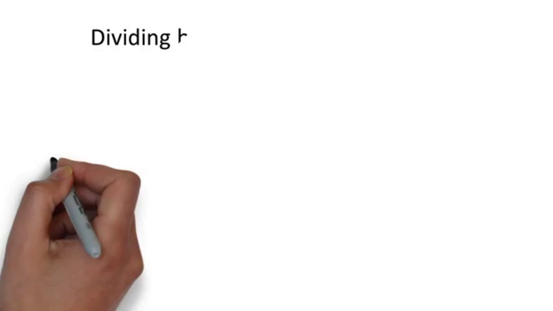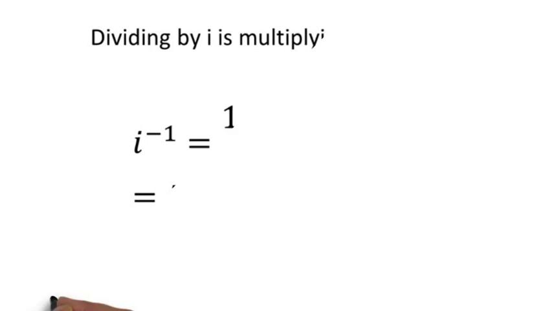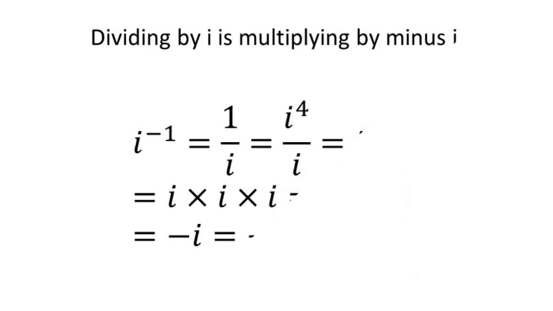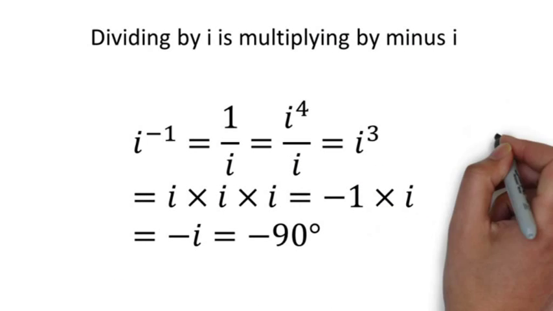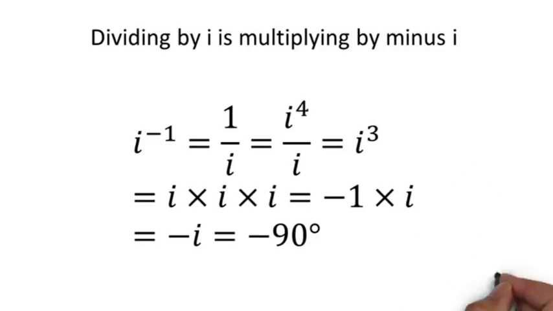But i to the 4 over i is just i to the 3. That's 3 times 90 degree rotation. And that is equal to minus 1 times i. That is equal to minus i. And now we know that minus i is equal to i to the minus 1 power.